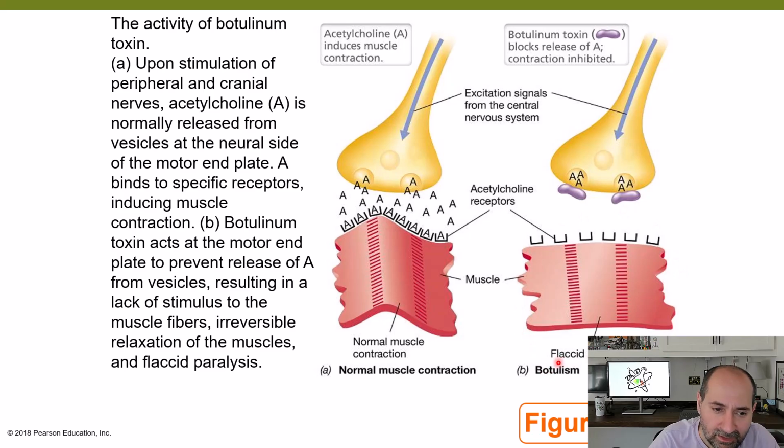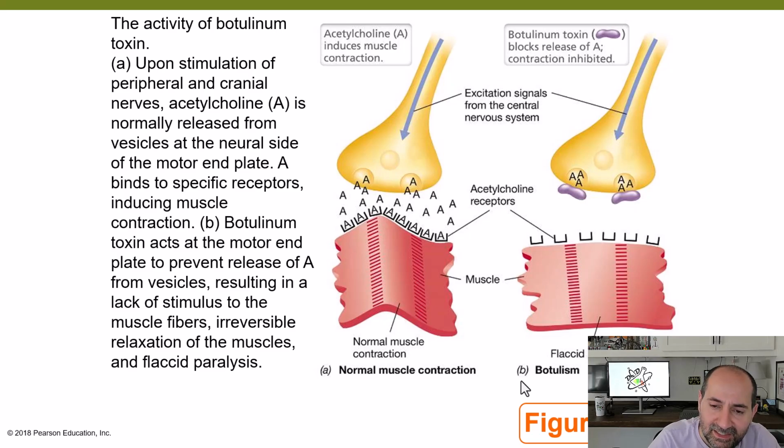And this is a phenomenon known as flaccid paralysis. Botulism causes flaccid paralysis. And this type of toxin is prevalent in canned goods.